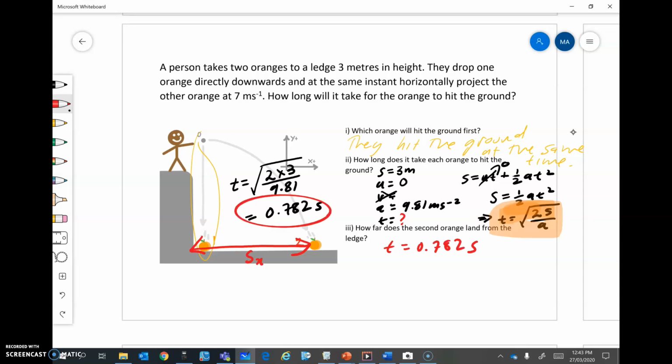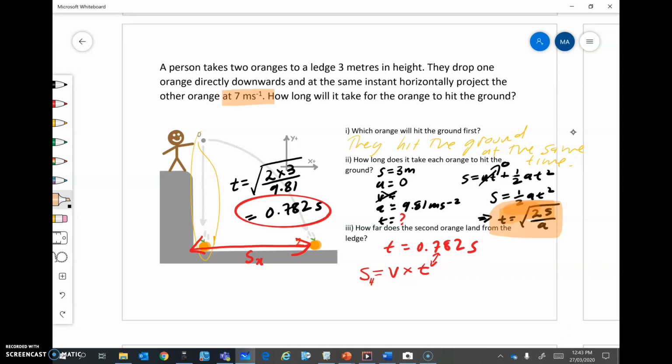All right, but remember we're talking horizontally, so we're using this equation, s equals v times t. So we know the time of flight is 0.782. Where's our velocity? Well, that's the horizontal velocity that it was projected at, 7 meters per second.